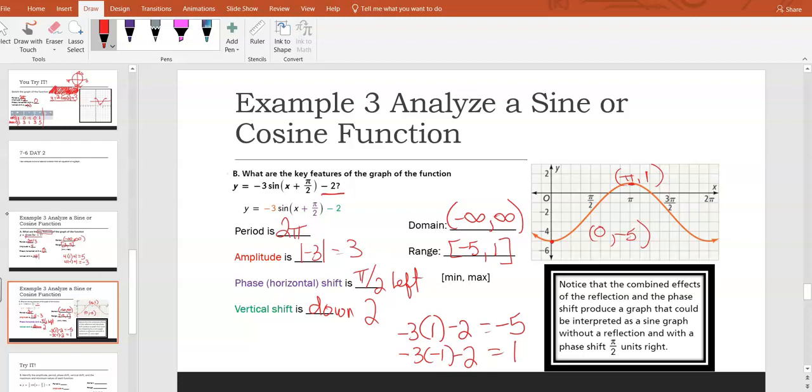So notice the largest sine value gives me the minimum y, and the smallest sine value gives me the maximum because of that negative 3. Remember, it's a reflection. And your midline would be halfway between negative 5 and 1, so it would be right here at negative 2.